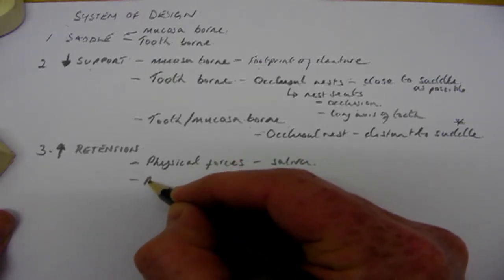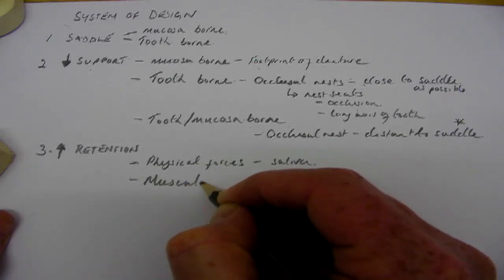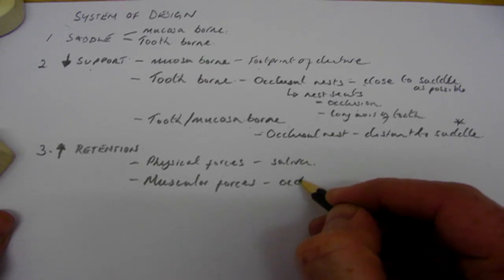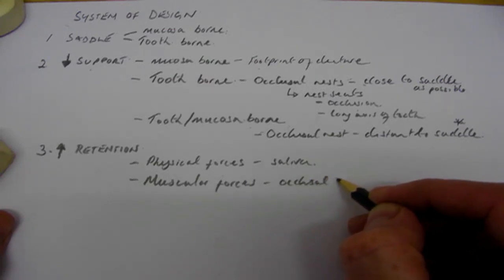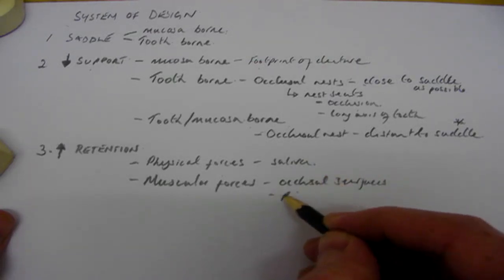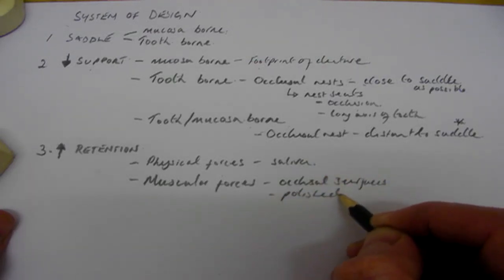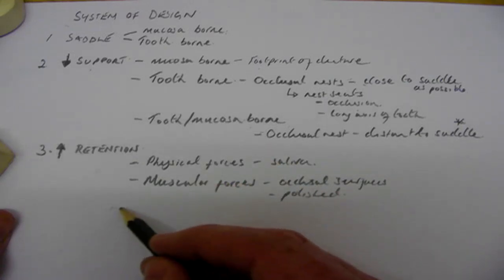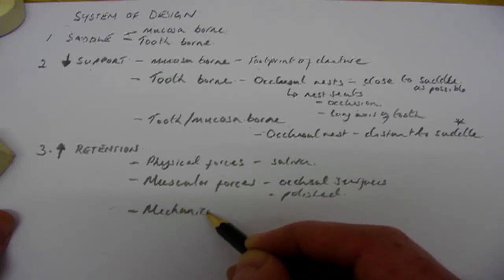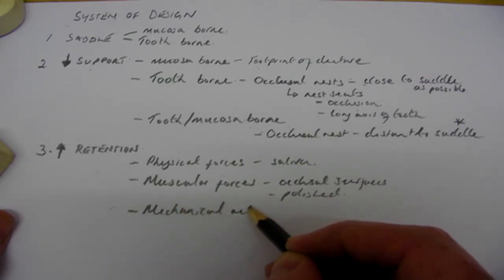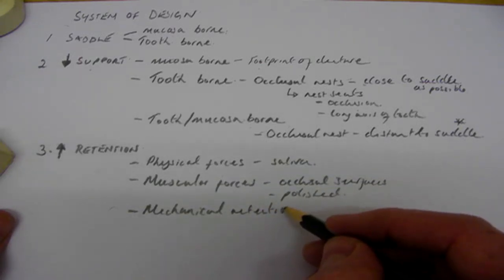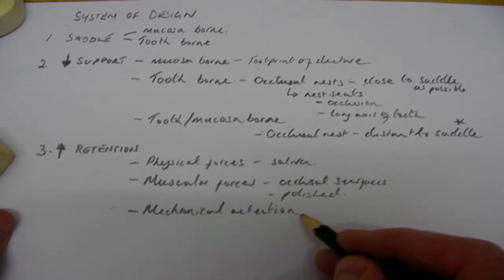We harness the muscular forces, just like we would with a complete denture, through the occlusal surfaces of the teeth and through the polished surfaces of the denture. So don't forget, it's not just mechanical retention, which is obviously the talking point of removable partial denture, that provides the retention.